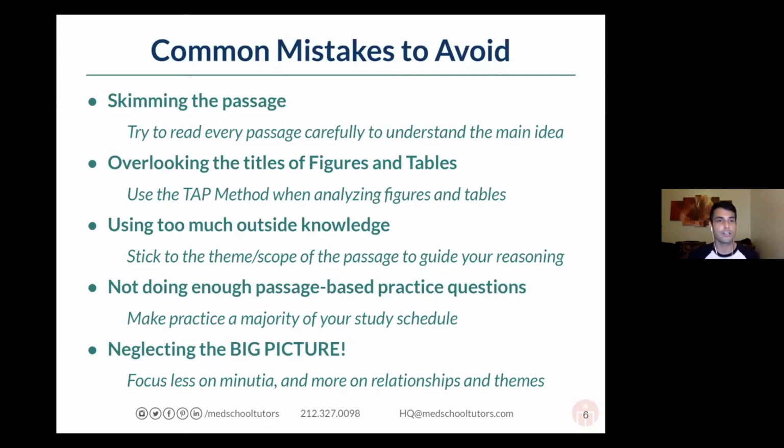And in order to reason well within a passage, you need to have a very strong grasp of the passage. So I am a firm believer in slow and steady wins the race. When it comes to the MCAT, I read all the passages very slowly. I pretty much pause after every sentence to do a little brain check to make sure I understood it and say it in my own words, and then read the next sentence.